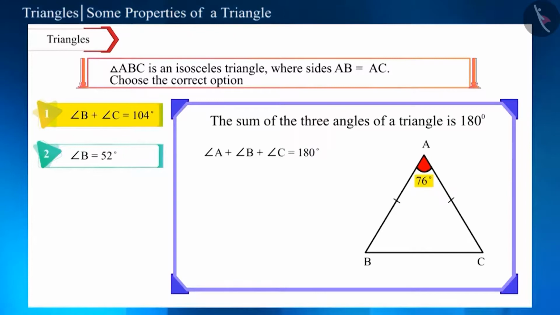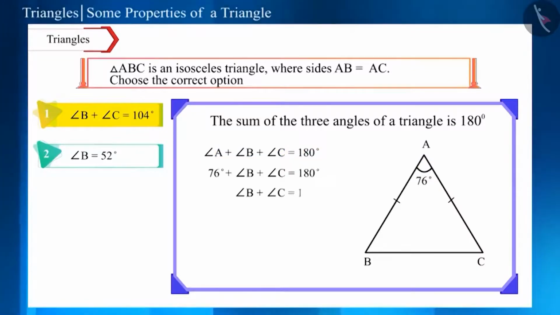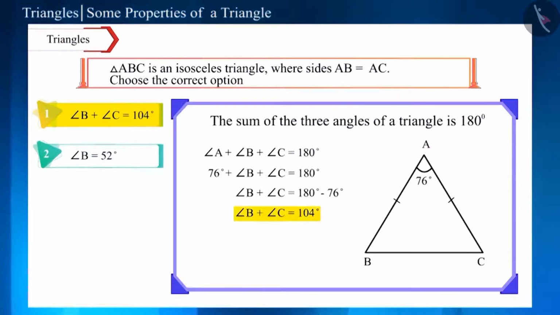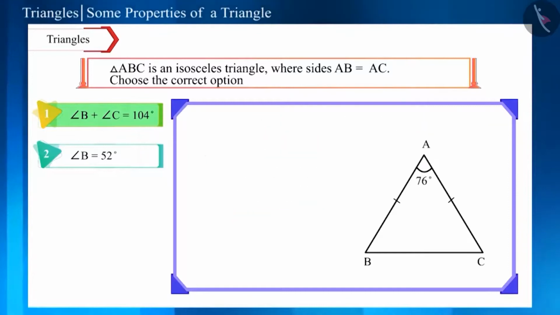In the figure, angle A measures 76 degrees. If we put this in the equation, then we will get the measure of the sum of angles B and C, and it comes out to be 104 degrees. Hence, option 1 is the correct answer.